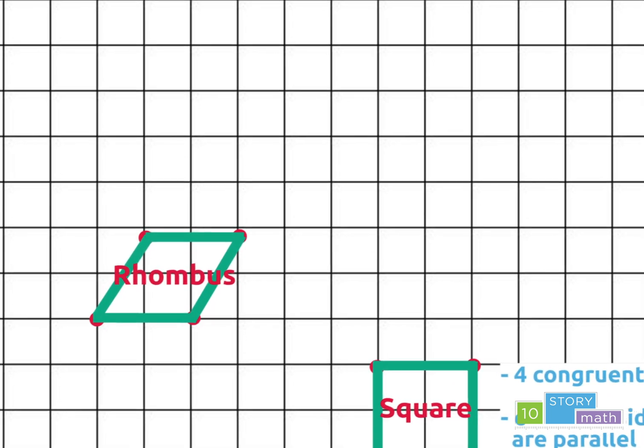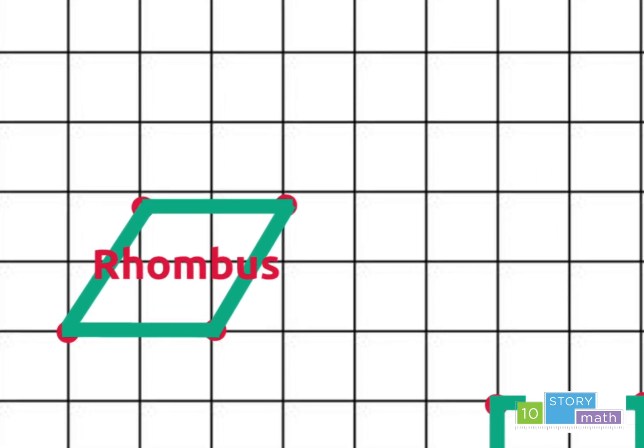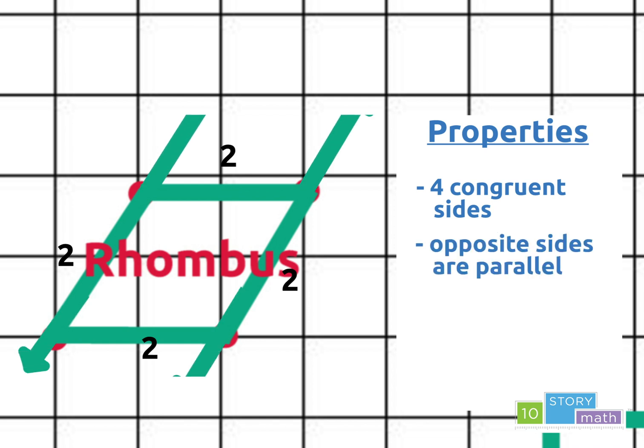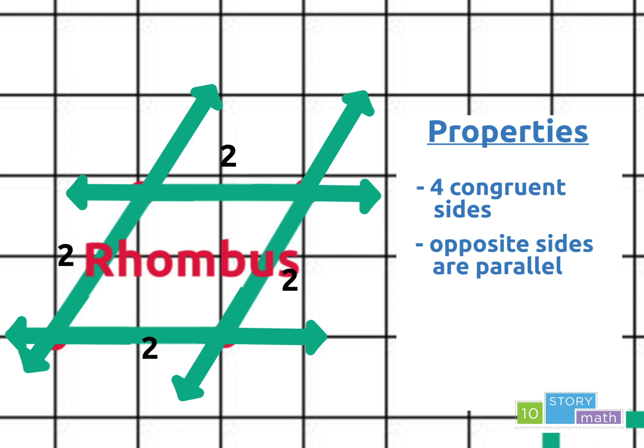Let's zoom in and learn about the properties that make it a rhombus. Just like a square, a rhombus must have 4 equal sides. Also like a square, the rhombus has opposite sides that are parallel. Unlike a square, a rhombus does not need to have 4 right angles.